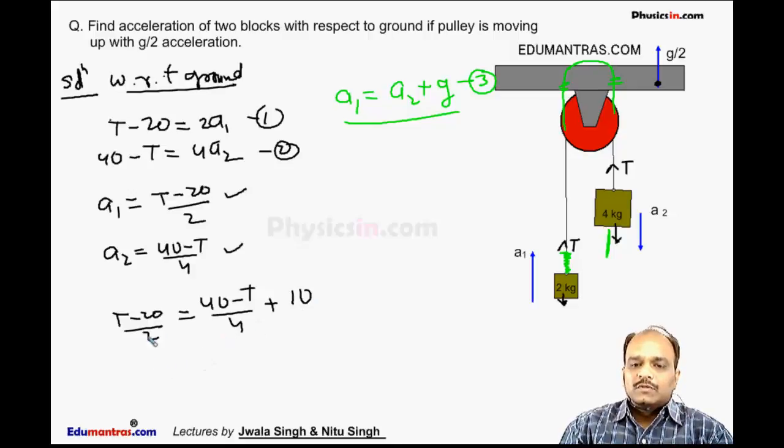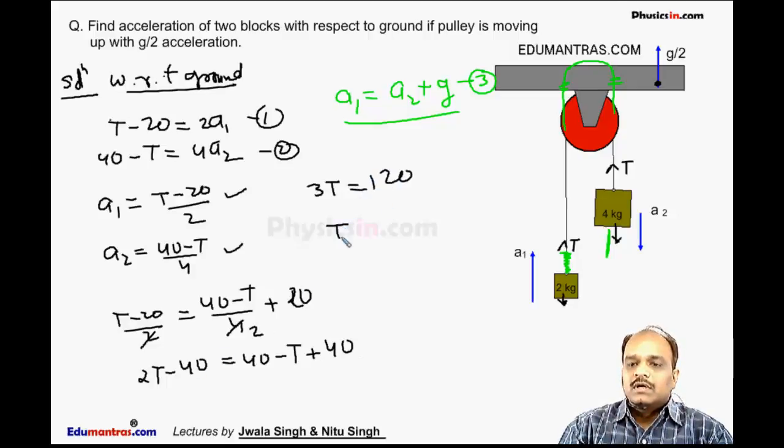So from this expression we can solve for T. This becomes 2t minus 40 is equal to 40 minus t plus 40. So this will cancel out, we get 3t is equal to 40 plus 40 plus 40, that is 120. So T comes out to be 40 Newton.